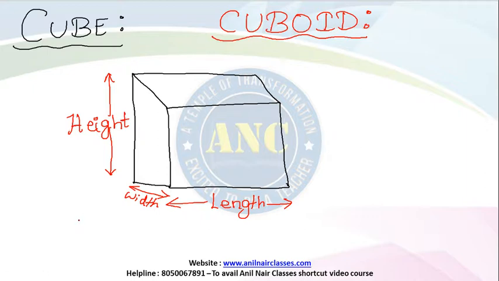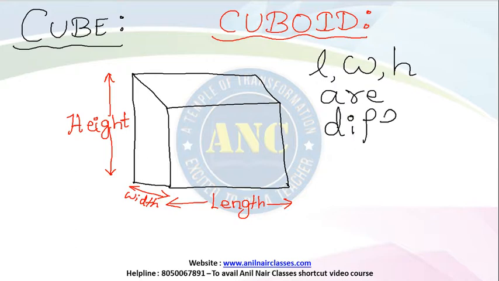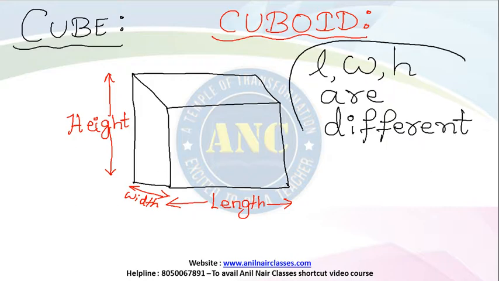It's a box which is similar to a rectangle, wherein the length, the width and the height are all different. A cuboid is a rectangular box which has the three dimensions: length, breadth or width, and height. If they are different and it is similar to a rectangular box, then we call that three-dimensional figure a cuboid.